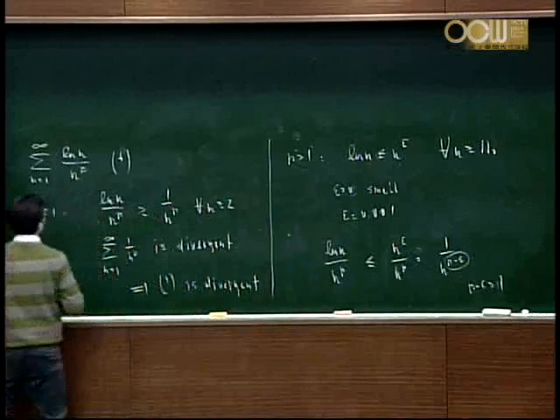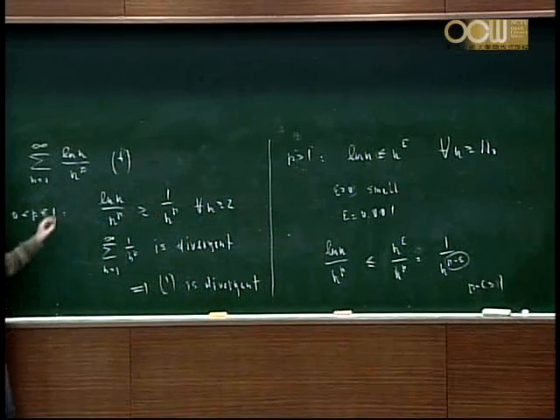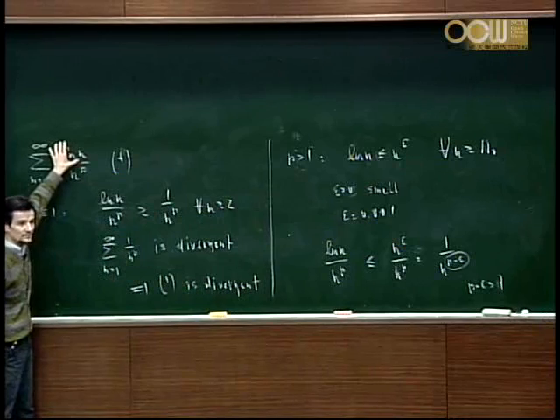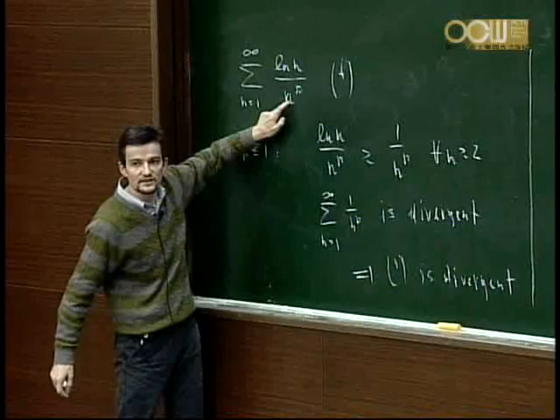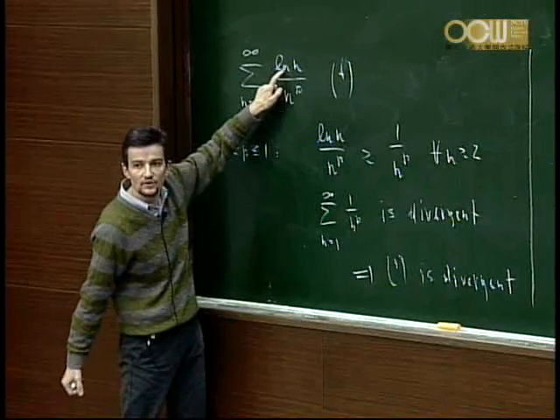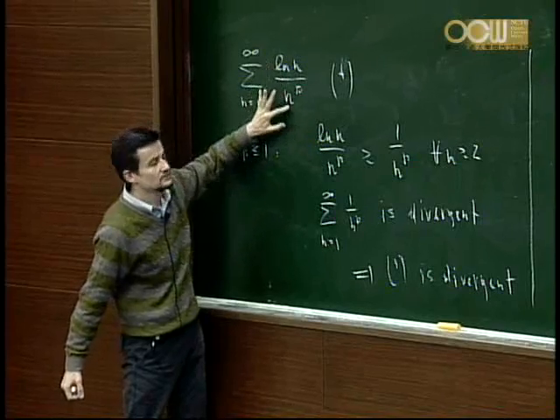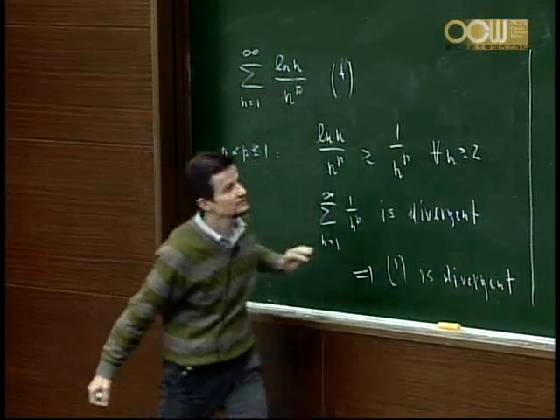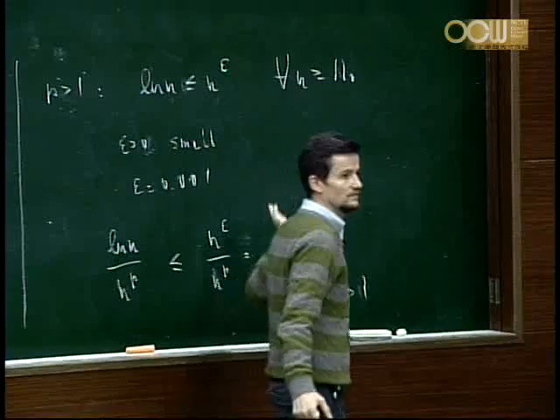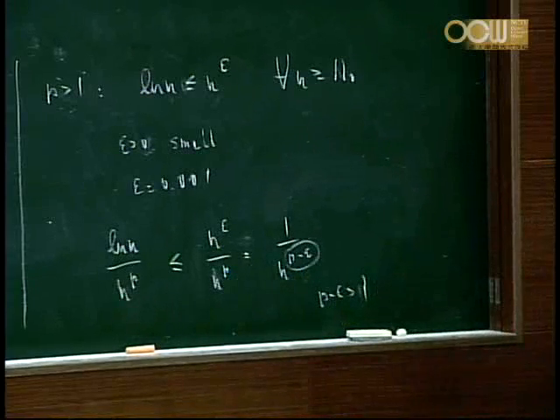Essentially this is what I told you before when I said you can kind of neglect the ln of n, because compared to this function, the growth of ln n is very, very slow. It's almost like a constant. And this is making that precise.